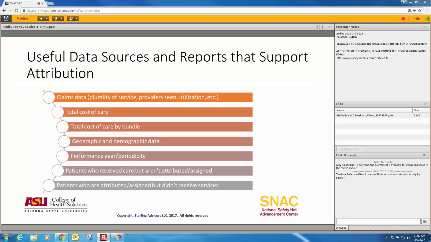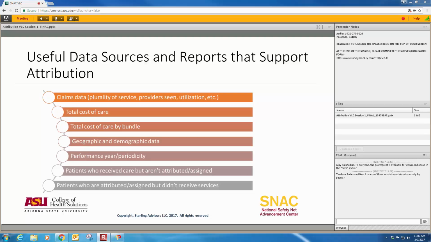Now, they may have different contract types that affect different populations, and that may be where you see multiple attribution models for different subpopulations of their covered lives.